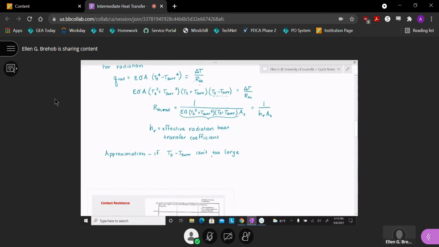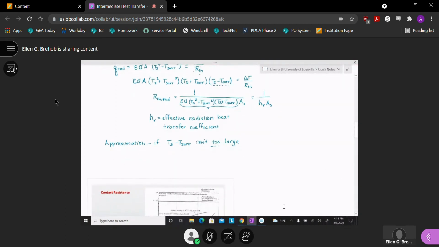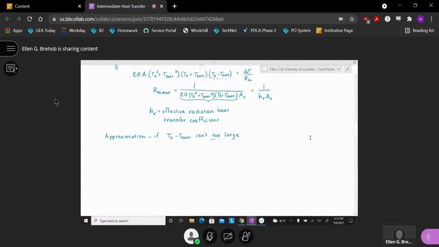You've got to look at what kind of error you're willing to accept, and you can calculate and see what kind of error you are incurring.